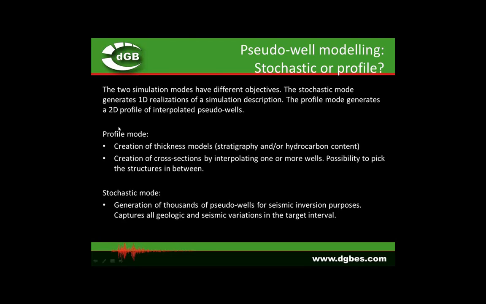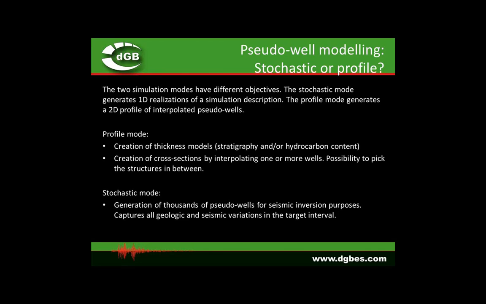The profile mode allows you to create, for instance, thickness models by varying the stratigraphy and/or the hydrocarbon content from left to right. It also allows you to create cross-sections by interpolating one or several wells, and that also includes the possibility to pick the structures in between.